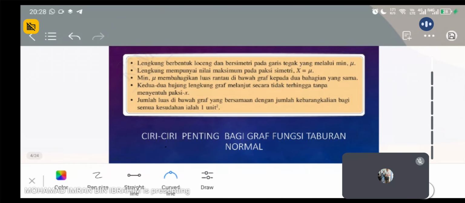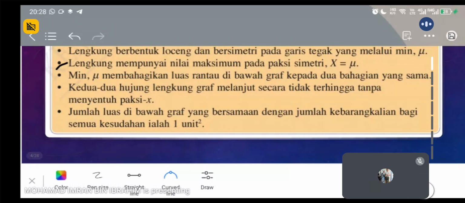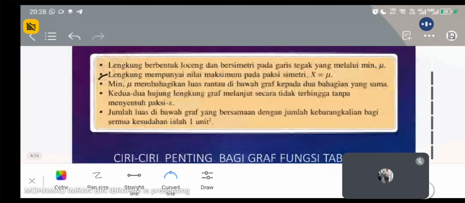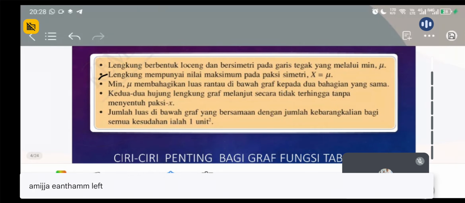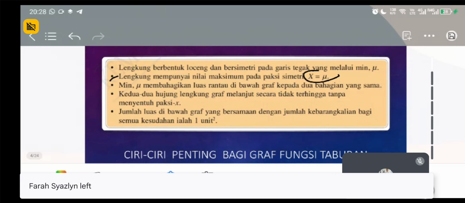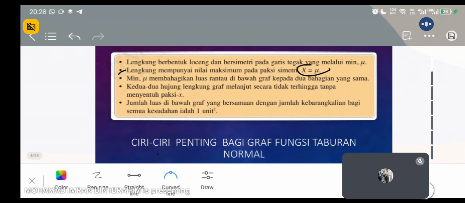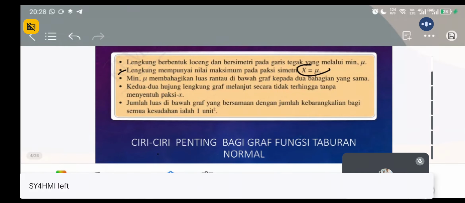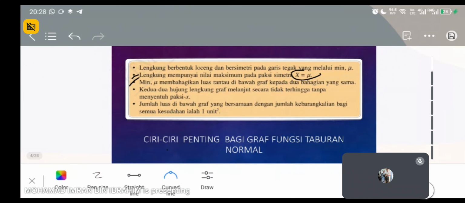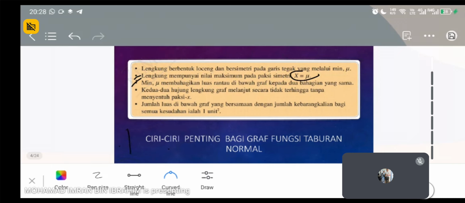The second point here, you need to note down actually. If you don't know this part, you cannot answer some questions. So you need to make sure to note this down. When it says axis of symmetry, x is also equal to mu, or the mean. So the mean divides the area under the graph into two equal parts.